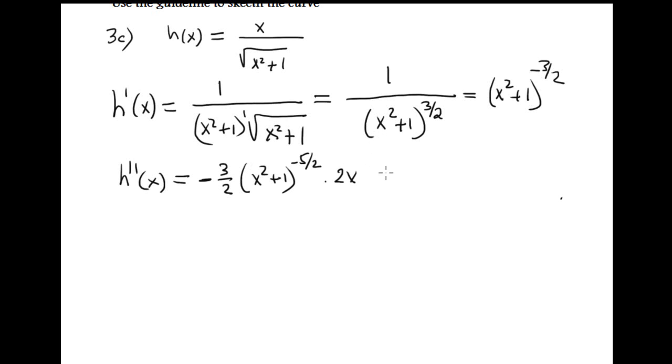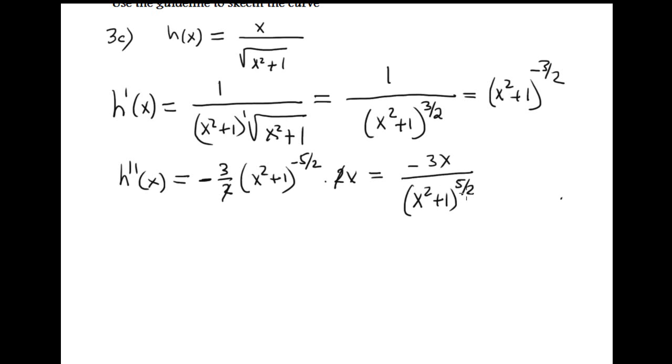Okay, these 2 are cancelled. So we have minus 3x divided by, with the negative exponent again, x squared plus 1 raised to the positive 5 over 2.